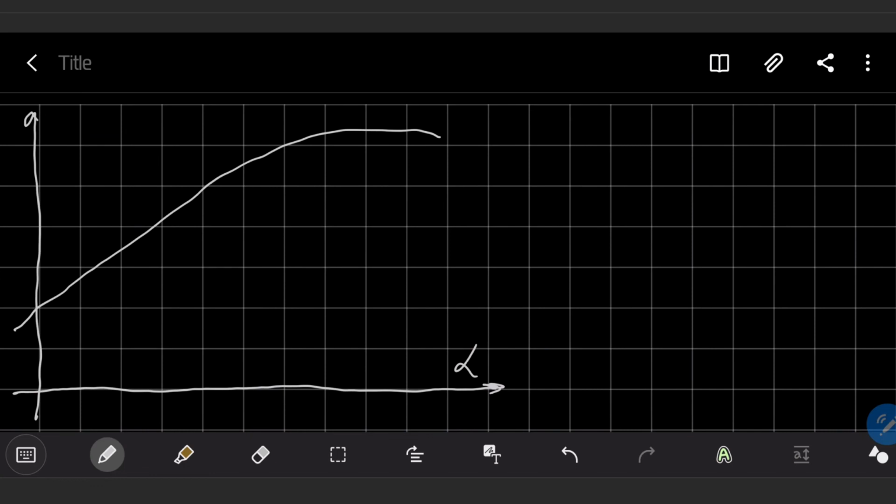This is alpha, this is CL, and the drag coefficient. Behavior of the drag coefficient is like this. It has very low or minimal values close to zero angle of attack, and it has its maximum values when the flow starts to separate, with a rapid increase of the drag coefficient. Okay, so lift coefficient and drag coefficient.